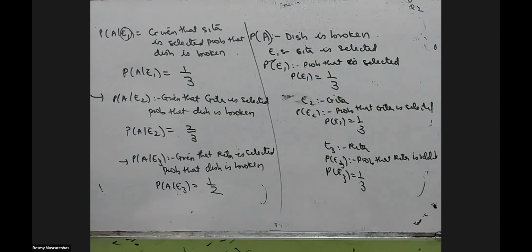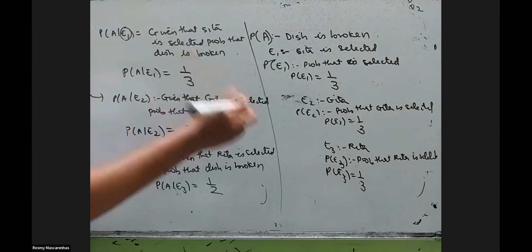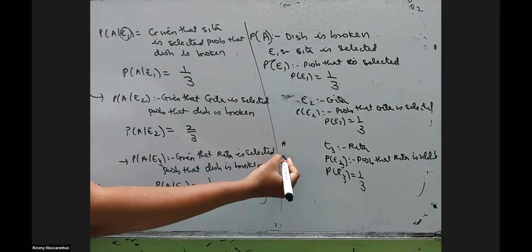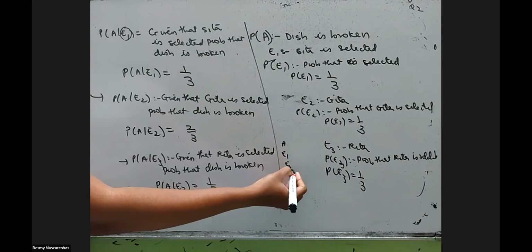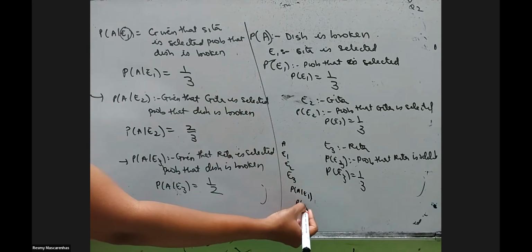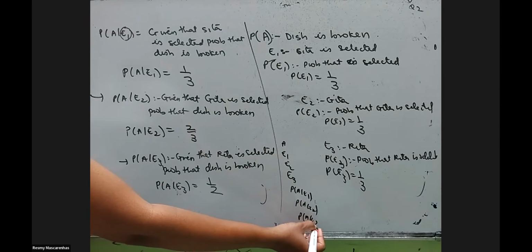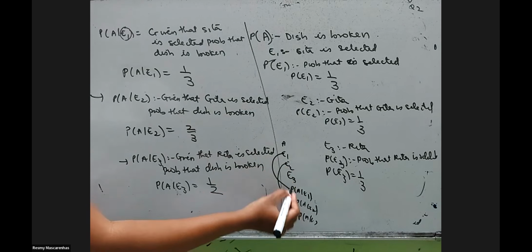Now we have found out all the 3. Now you know that, just first E1 into this. A we know, E1, E2, E3. This was P of A upon E1, P of A upon E2, P of A upon E3. So this into this, this into this, this into this.